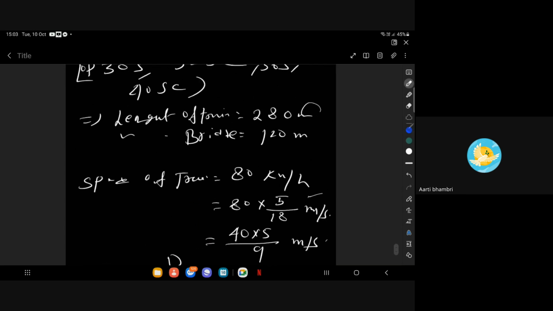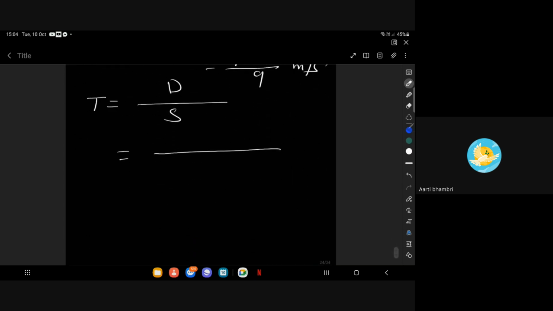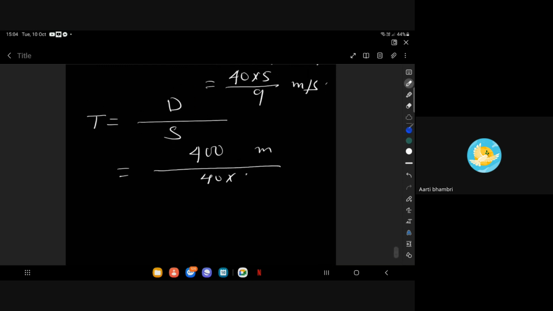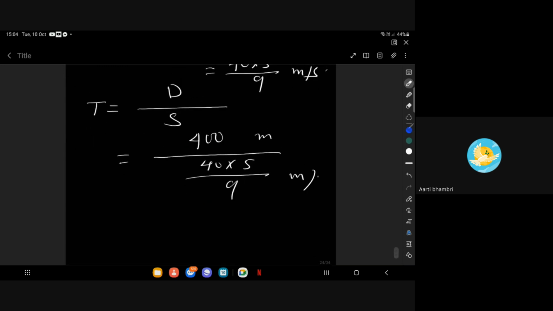The length of the train is 280 and 120 is the bridge length. So total distance covered by the train is 280 plus 120, 400, na? Yes. 400 meter divided by 200 by 9 meter per second.